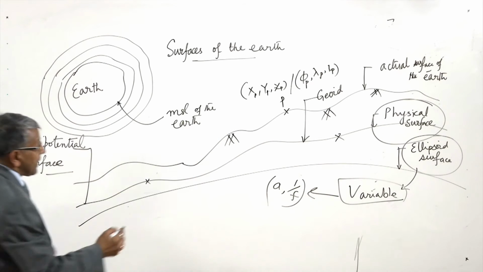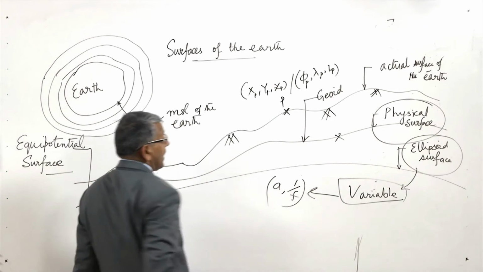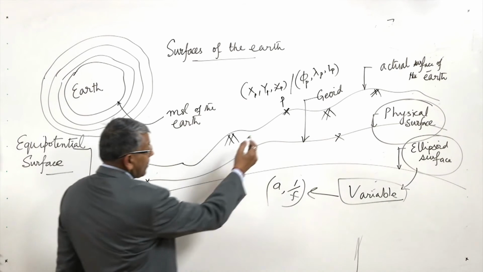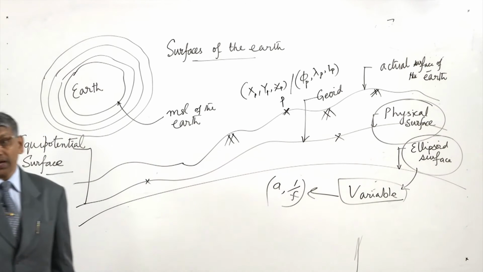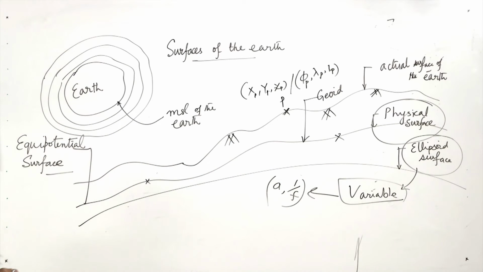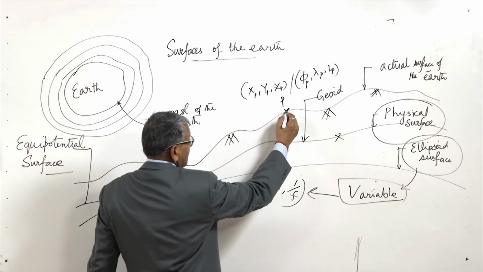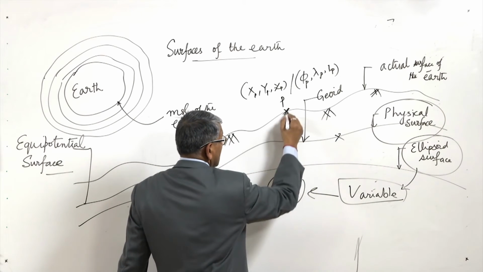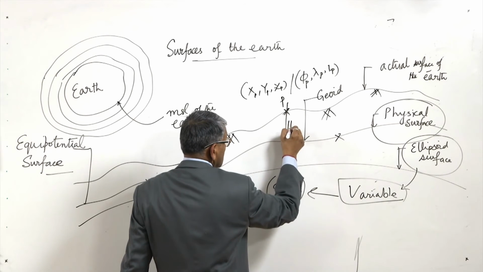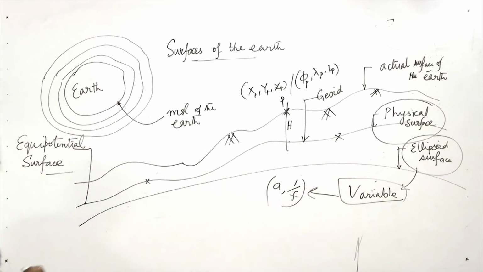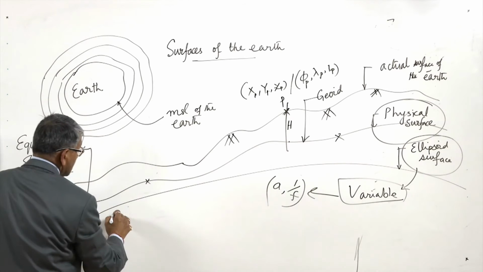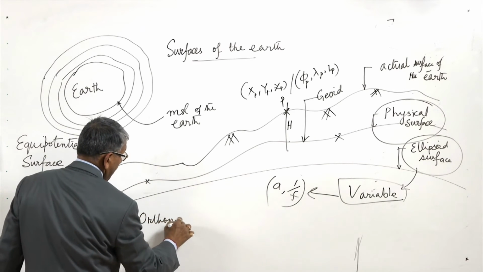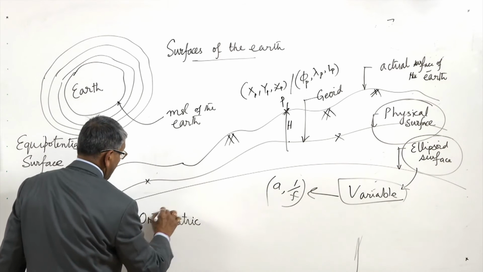This point P may have different types of height depending upon which reference we are considering. If we consider the height of this point above the physical surface of the earth, then this height is called the orthometric height. So H is the orthometric height.